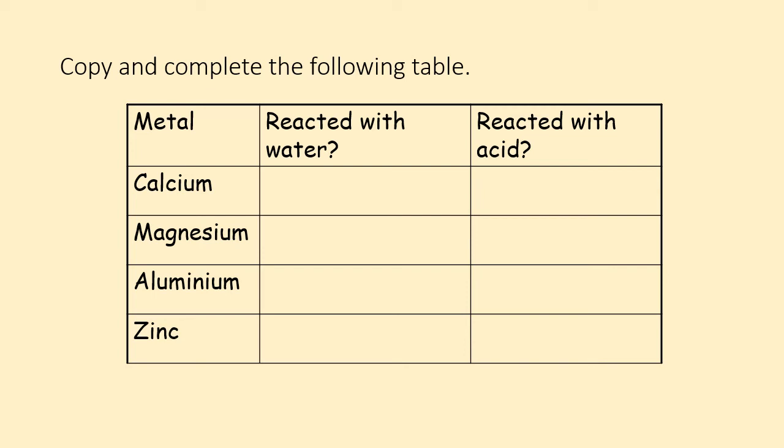Now the results that we hope you'll find are that calcium reacts with water and it reacts with acid. Magnesium doesn't react with water, but it does react with acid. Aluminium doesn't react with water and will react with acid. And zinc also doesn't react with water, but does react with acid.